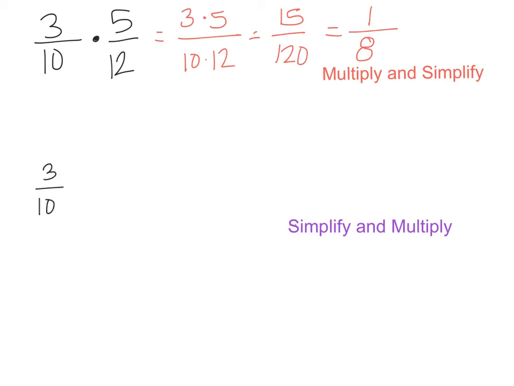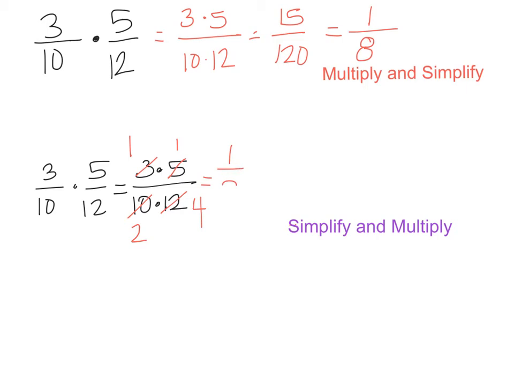Simplify, then multiply. So if I were to do that, it'd start off the same way. 3 times 5 over 10 times 12. Now I know that 5 and 10, those go into each other. So 5 goes into itself once, goes into 10 two times. I also know that 3 goes into itself once, and 3 goes into 12 4 times.